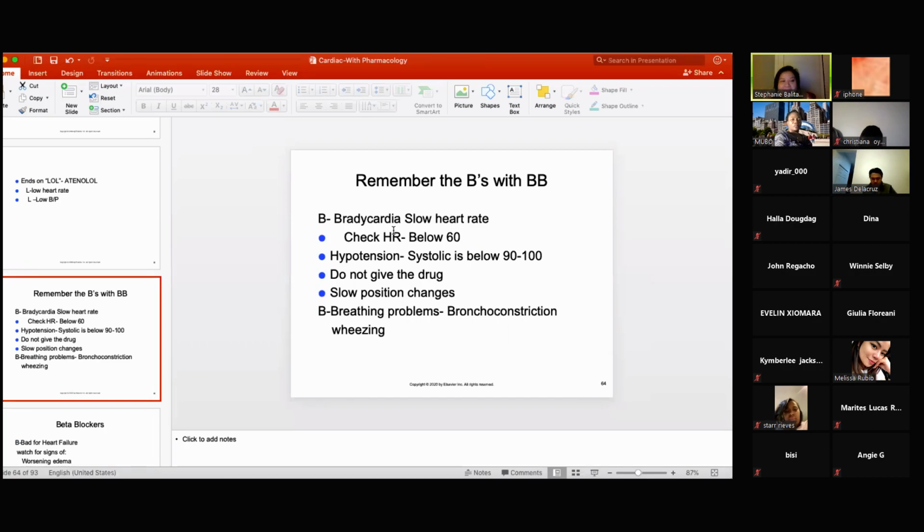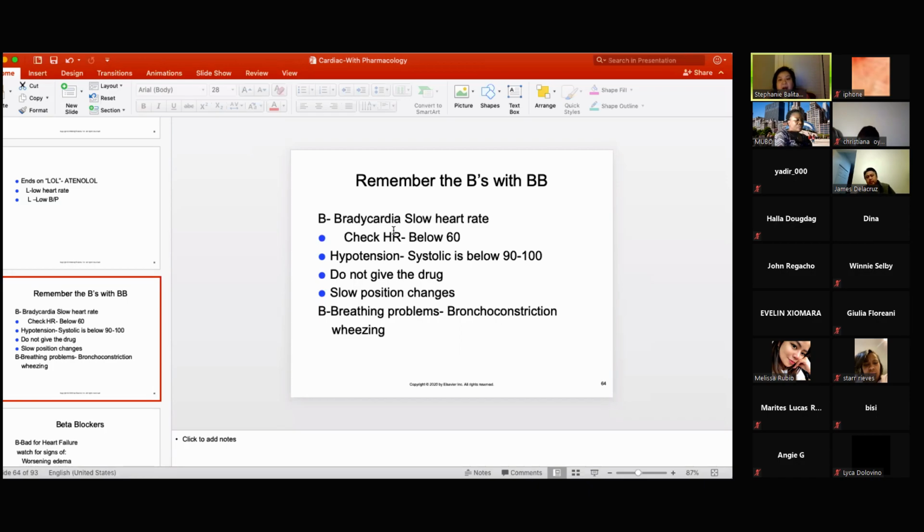If the heart rate is below 60, are you going to give it? No, because it will slow down the heart rate even more, right? So check the heart rate before giving it. If it is below 60, do not give the medication.